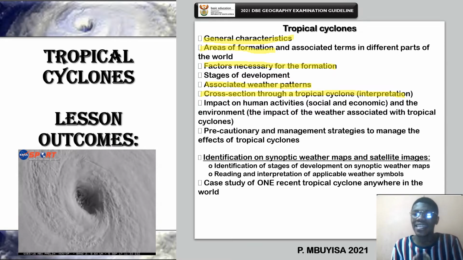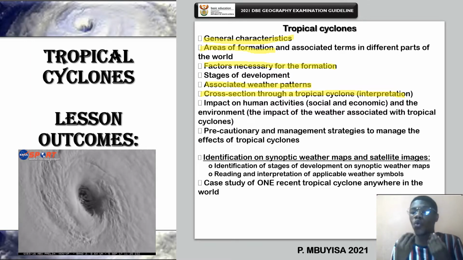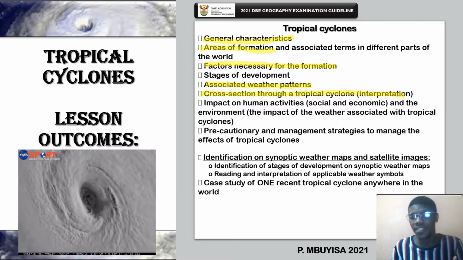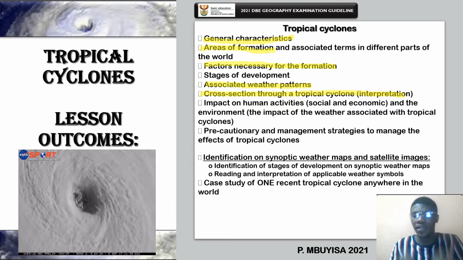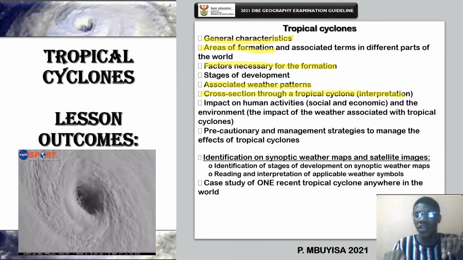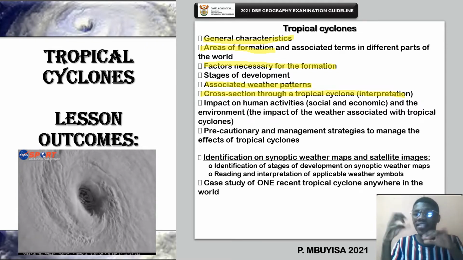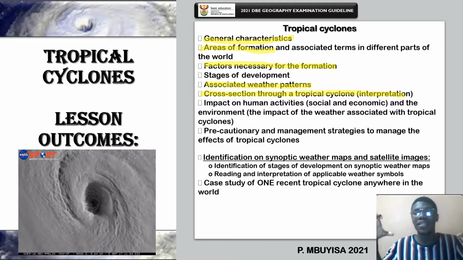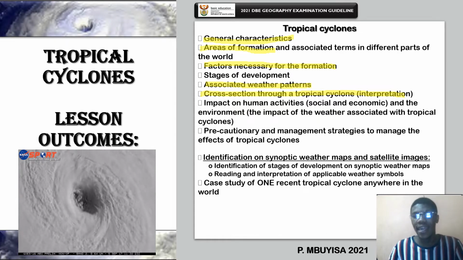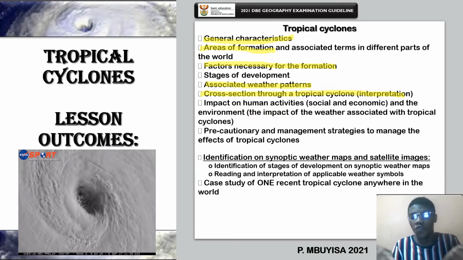As it goes up, it cools down, because the higher you go, the colder it becomes. It hasn't lost its moisture, it's just cold. So this air is going to condense, form intense cumulonimbus clouds, and as a result, we are going to have the two vortexes forming.